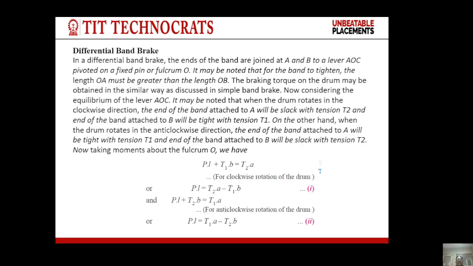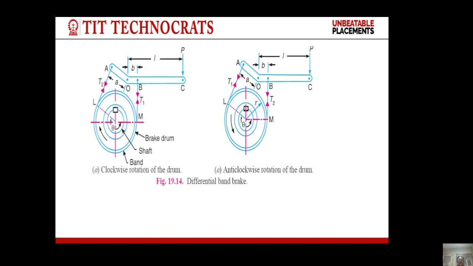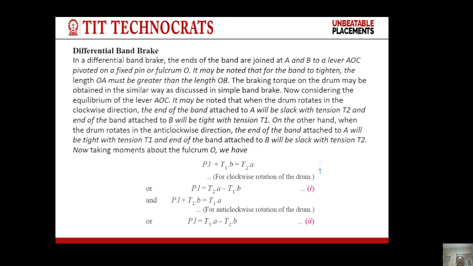It may be noted that for the band to tighten, the length AO must be greater than the length OB. The braking torque on the drum may be obtained in a similar way as discussed in the simple band brake. And these are the derivations of how we get T1 and T2 by taking moments.